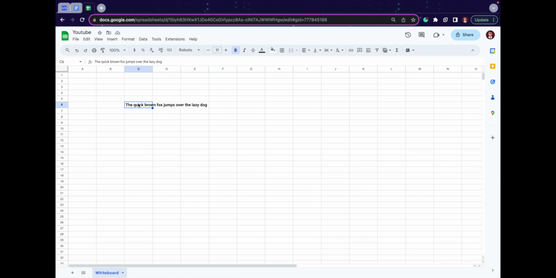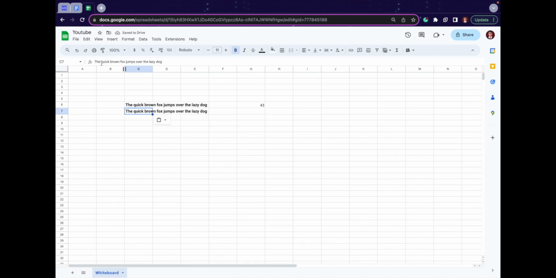And how do you count the number of spaces? This is how we do it. So first, get the length of the string. This essentially gives the number of characters that are present in this entire phrase. Now, let me get the same sentence and remove all the spaces.